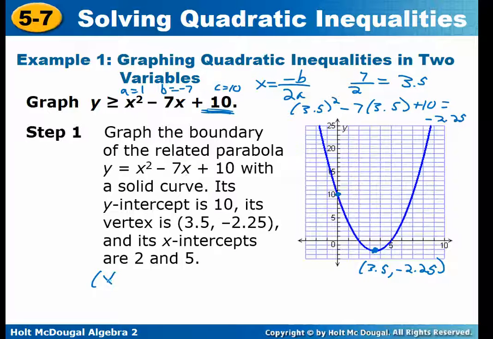This would factor to be x minus 5, x minus 2, because negative 5 times negative 2 is a plus 10, and negative 5 minus 2, that middle term is going to work to be negative 7. So you're using a lot of the skills that we have used throughout this chapter, and we'll find that the zeros are at 5 and at 2.